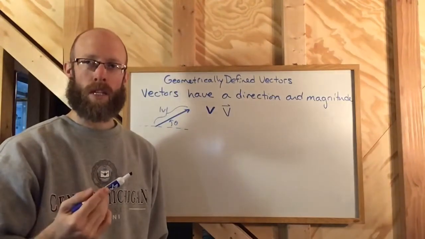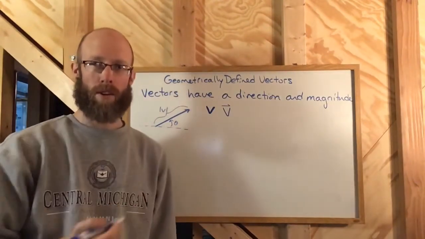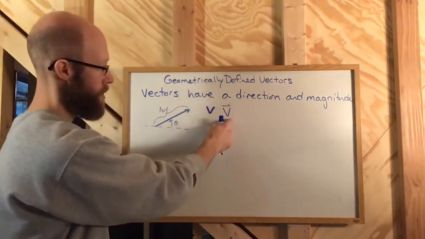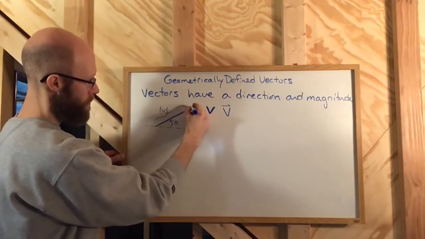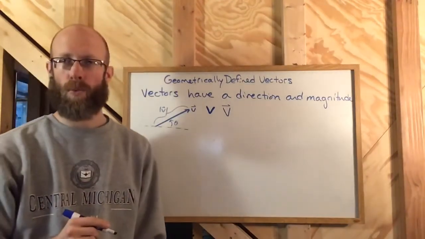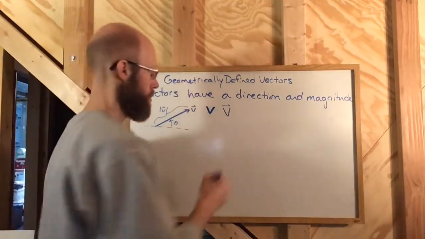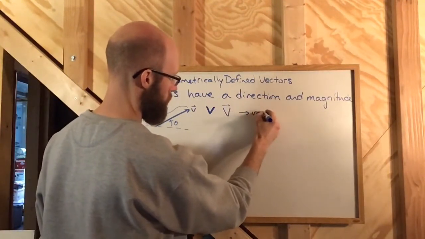Because it's hard for me to distinguish when I'm writing up here a bold versus a regular letter, I'm going to use the harpoon over top. So when I write vector v, then for the magnitude I'd use that little harpoon in there as well. So these are variables to represent a vector.